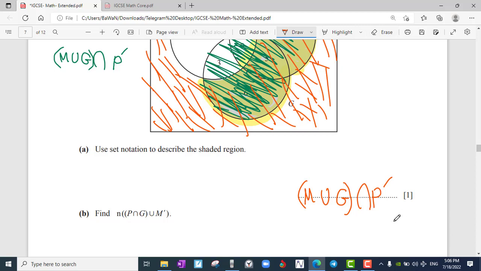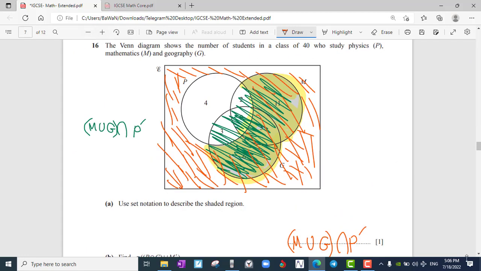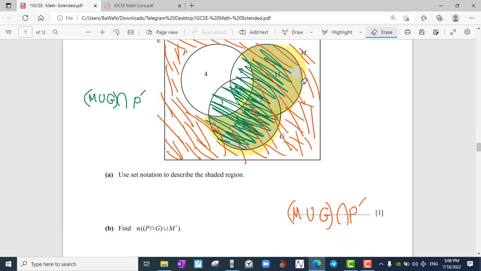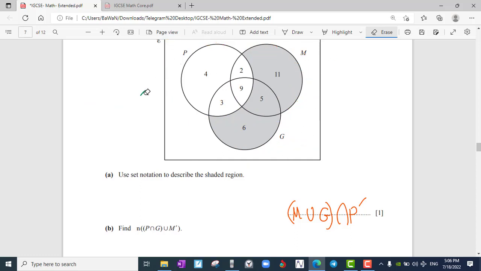Now find the number of data in P intersection G, then union M prime. Okay, for a big union problem like this, you see the notation and the sets together. When there's union, we try to shade this and shade this. At the end, the total shaded region is the answer. Now, P intersection G is this much.